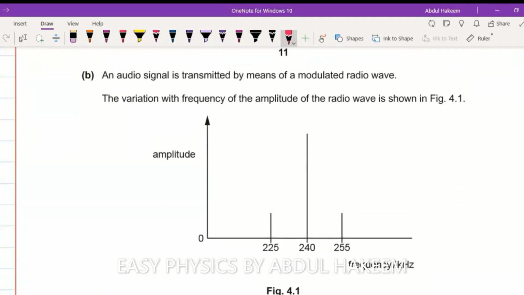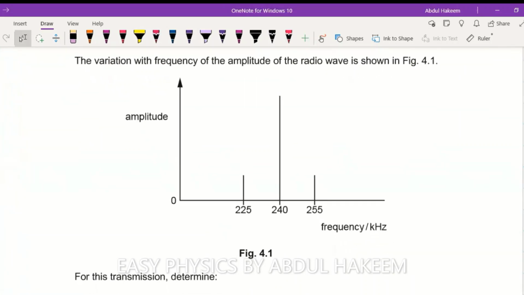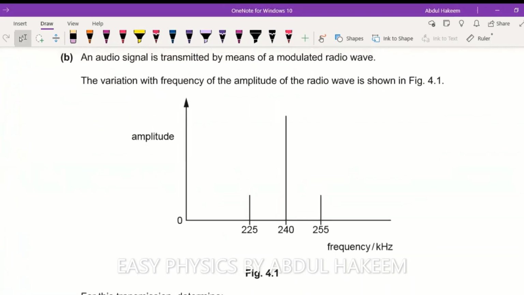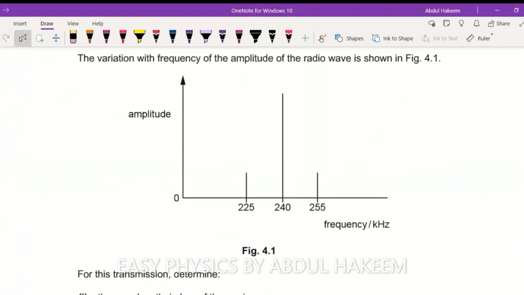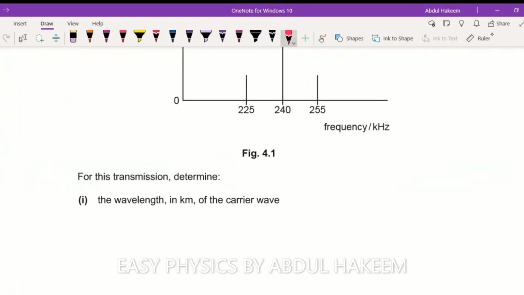And the next, an audio signal is transmitted by means of a modulated radio wave, the variation of the amplitude of the carrier. So here it is amplitude modulation. For this transmission, determine the wavelength in kilometers of the carrier wave. Look, v is equal to f lambda. So lambda is equal to v divided by f.